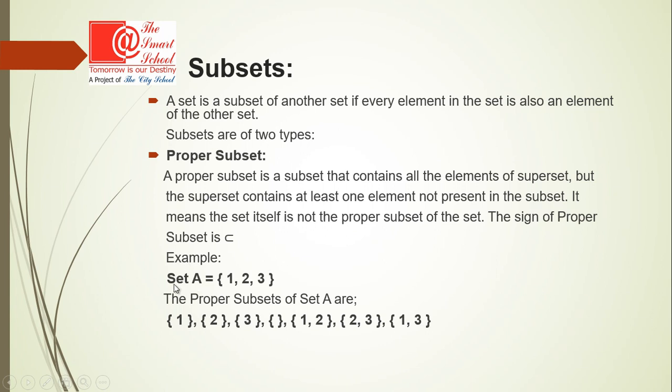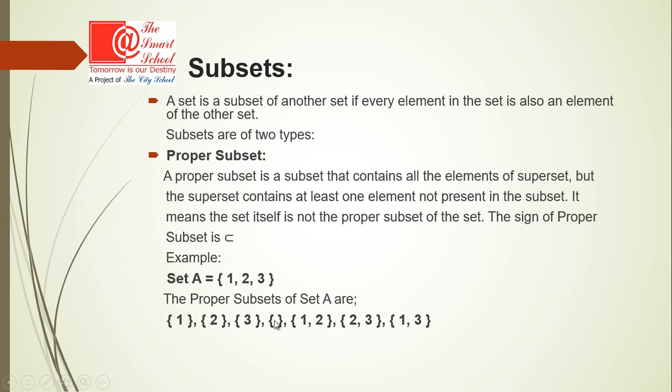For example, set A is equal to {1, 2, 3}, which is superset. The proper subsets of set A are: set number 1 has the element 1 in it, second has 2 as element in it, the next set has 3 as element in it, and the next set is empty set.